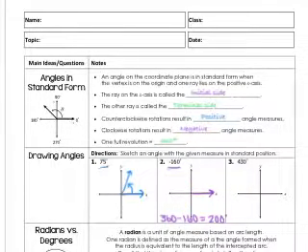Negative 160 is going to be the same as going positive 200 degrees. So that's going to put me about right here. Now that's not exact, but this would be a negative 160 degree rotation.